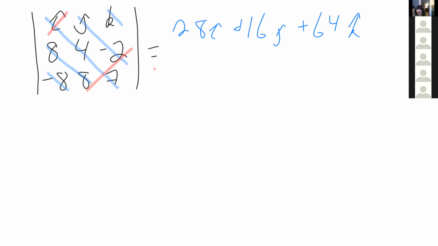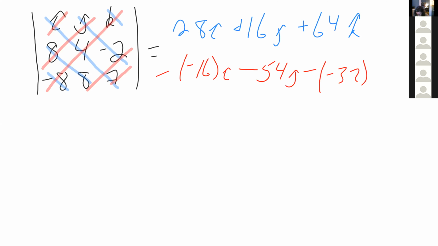Keep in mind here we're subtracting every time. So we subtract negative 2 times 8, so negative 16 I hat, minus J times 8 times 7, which is 56 J hat, minus K times 4 times negative 8, which is negative 32 K hat.